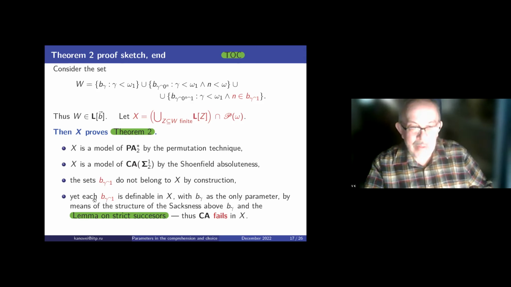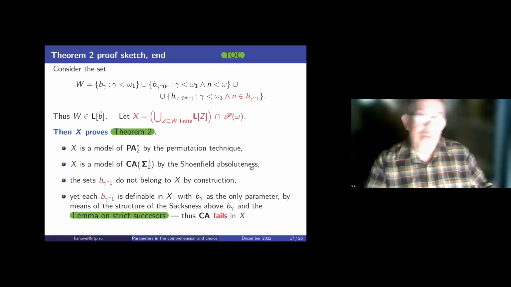And on the other hand, each such set is definable in X, with this B gamma as the only parameter of the definition. So by means of the lemma of strict successors, the full comprehension fails in this X, in this model.